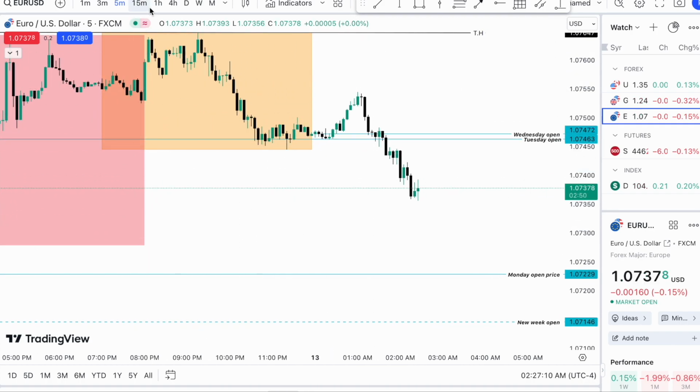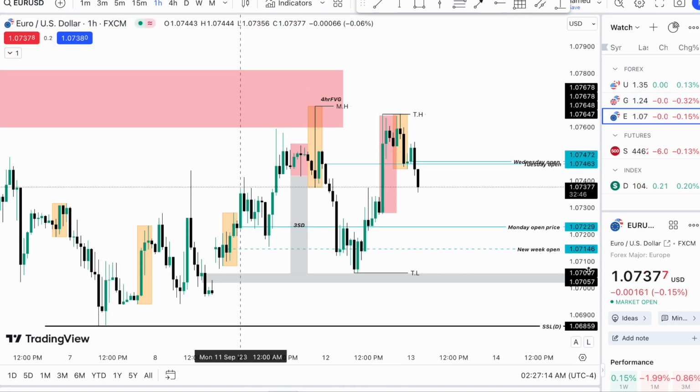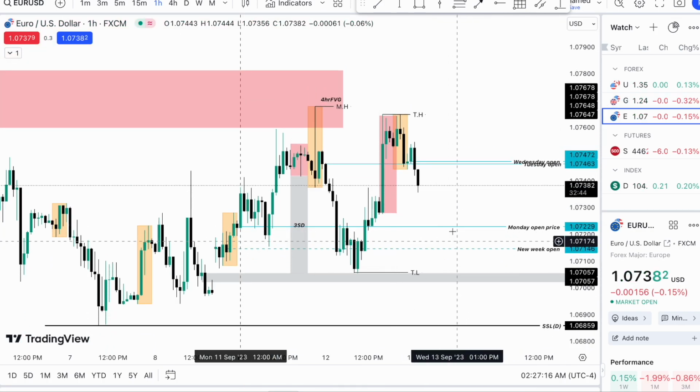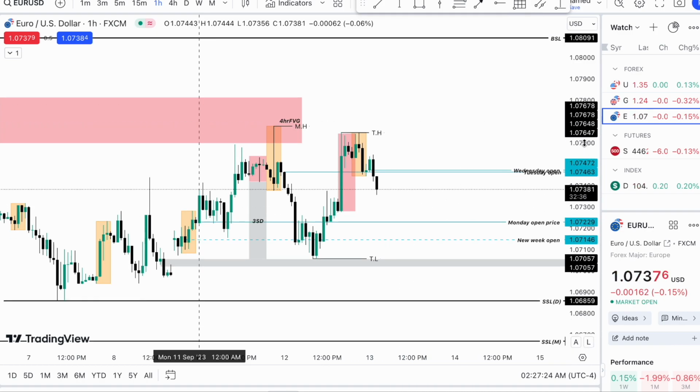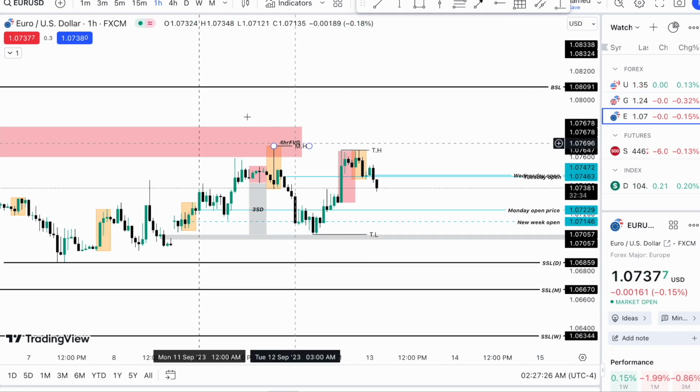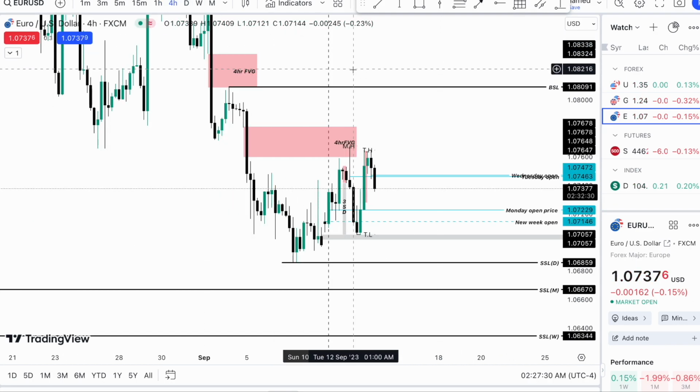We see Euro has been bullish this week, even though we are in a bearish setting. We're in a sell model at the moment. We were already anticipating some relative strength coming into the market this week for Euro.